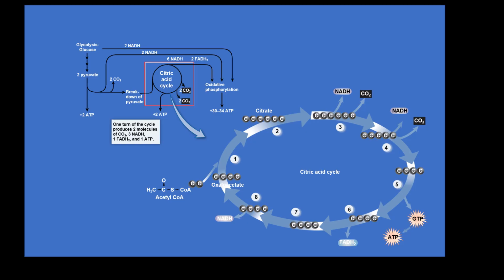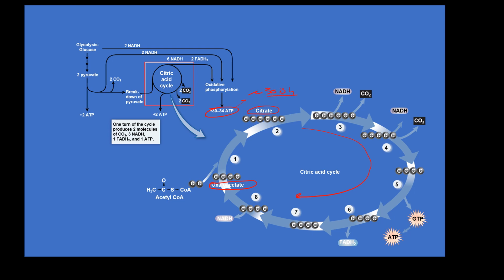Here's another version of it. And this is a more bite-sized way of understanding it. You don't have to worry about the names of everything. And really, this is the level of detail that you should know. So here's your citrate and your oxaloacetate, but you don't need to know the names of any of this. Now you see here, this is outdated now. You see this 30 to 34. Let's say that this is about 30-ish.